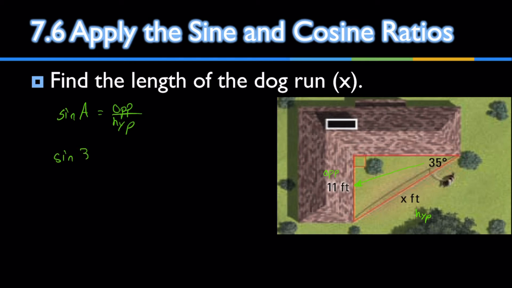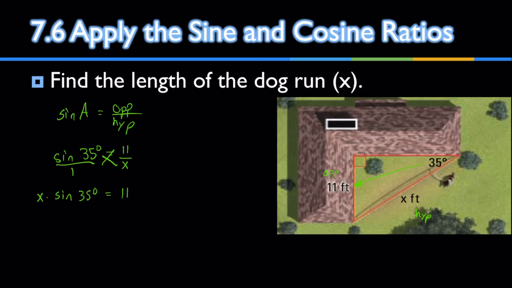So our angle is 35 degrees. The opposite is 11, and the hypotenuse is x. Solve this like you solved the tangent problems. Put the sine over 1 and cross multiply. Solve x times sine of 35 equals 1 times 11.